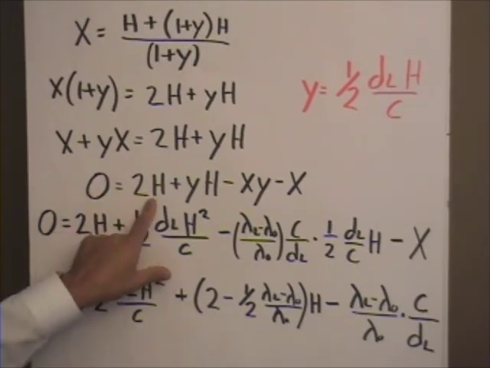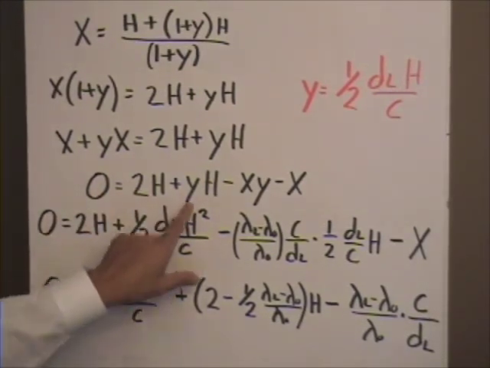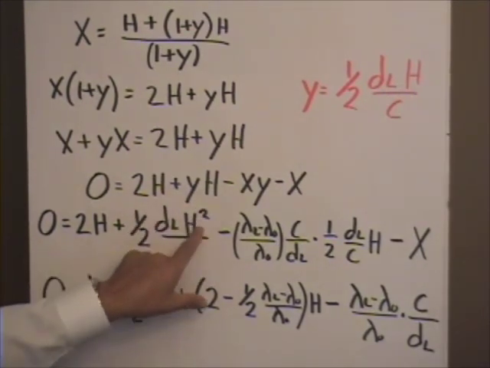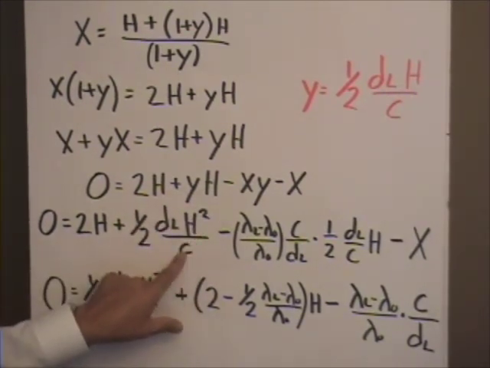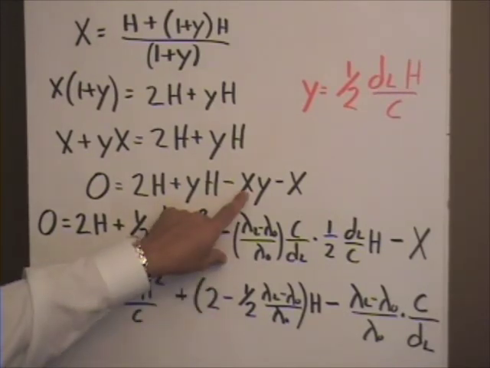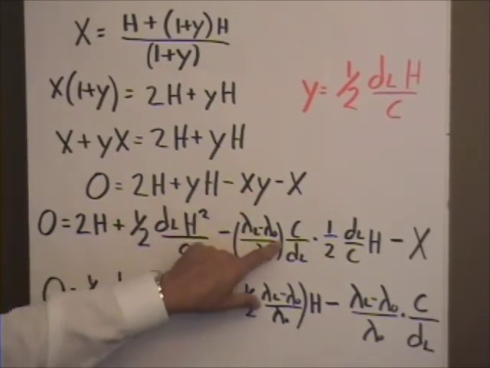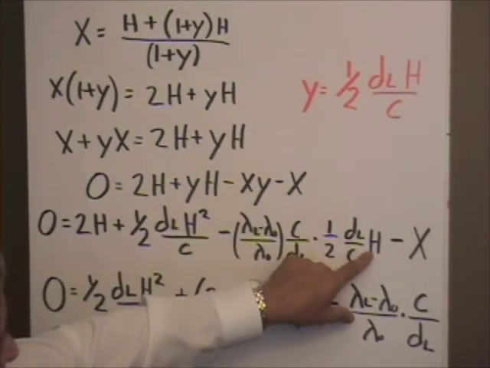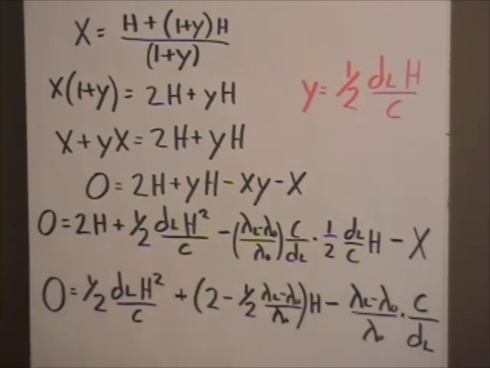So 0 equals 2H, y is 1/2 dL times H times another H is H squared over c. x from up above is the redshift times c over dL. y is 1/2 dL over c times H minus x.